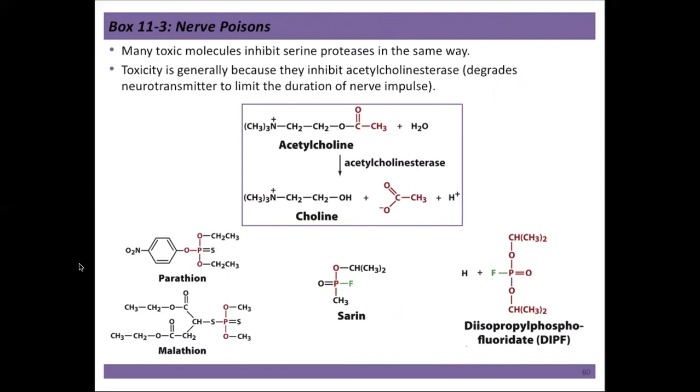Now, these serine proteases are very important in nerve cell modulation. Acetylcholine is a neurotransmitter, and if you have too much acetylcholine, you are overstimulated, and essentially you get muscle contraction that is irreversible.